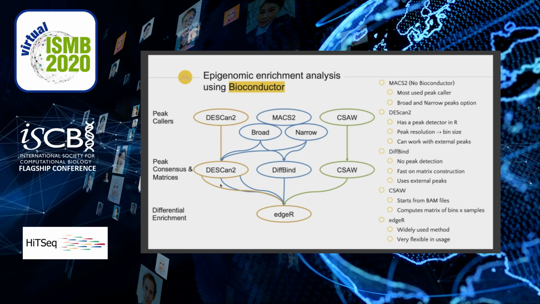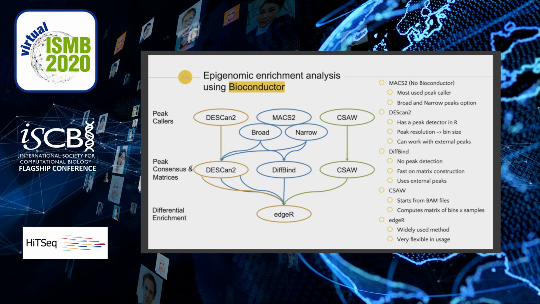So we are using Scan2, Max2 plus DiffBind and CISO software in order to construct a peak consensus and a matrix of this peak consensus versus the samples.